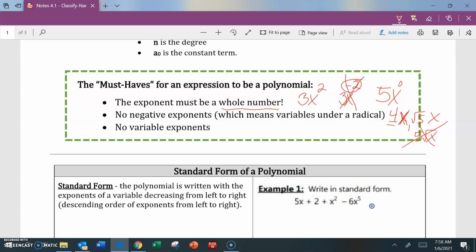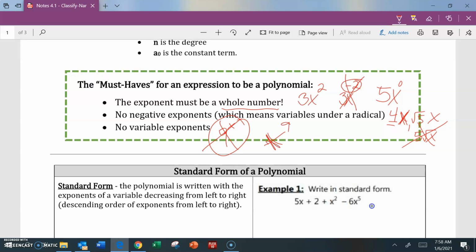And then the other thing you can't have is variables as your exponents. So for instance, 9 to the x power, that is not a polynomial, which I know I'm just giving you a single term right now because we're just looking at terms, but your variable has to be a base, like x to the 9th, that's fine.